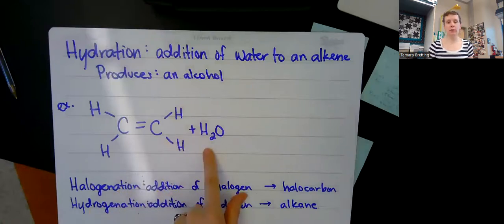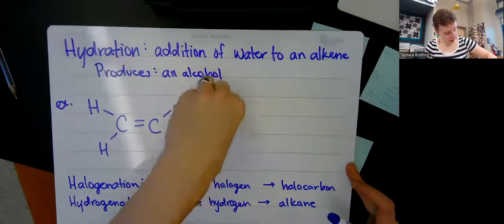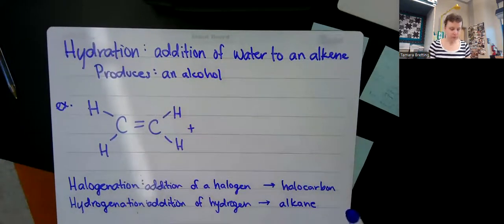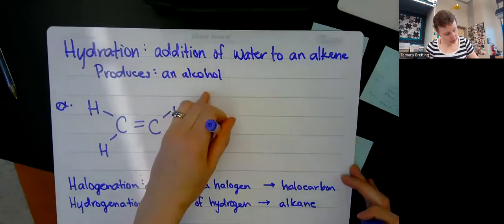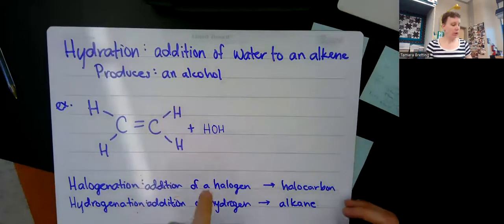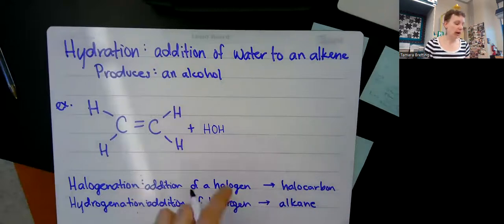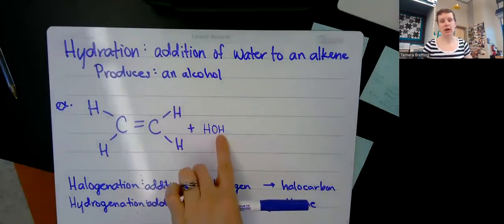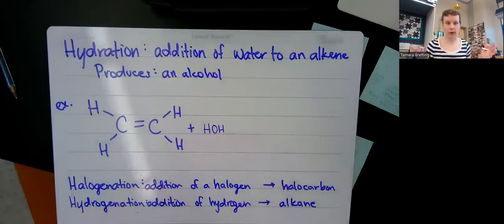Now what I'm going to do is erase water here, and I'm going to rewrite it in a different way. I'm going to write it as HOH. So water can be written this way. It is a formula that can be used to show several things. For example, we know acids start with hydrogen, bases end with hydroxide, and when you have hydrogen and hydroxide, you get that ultimate neutral compound of water.